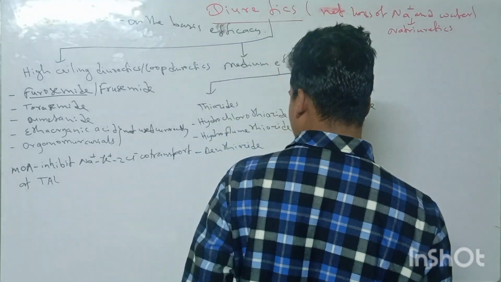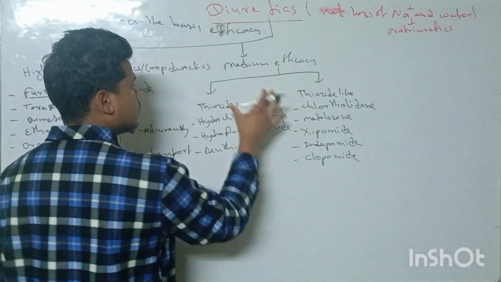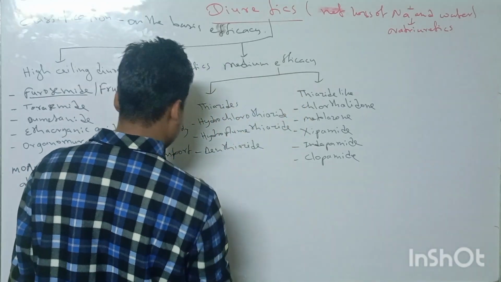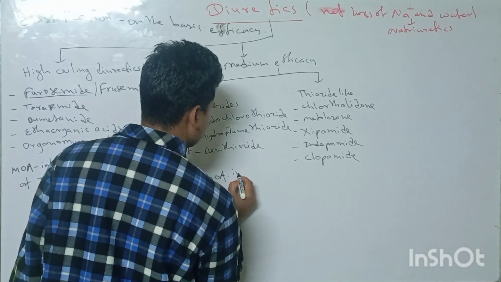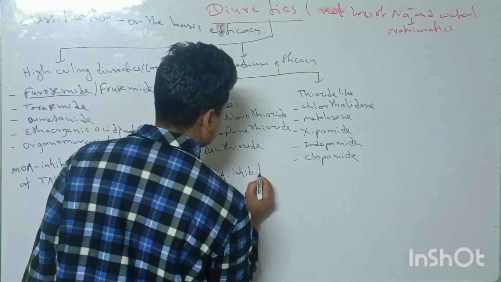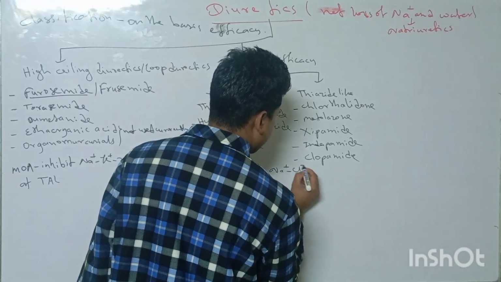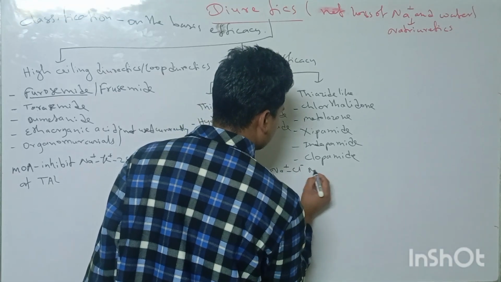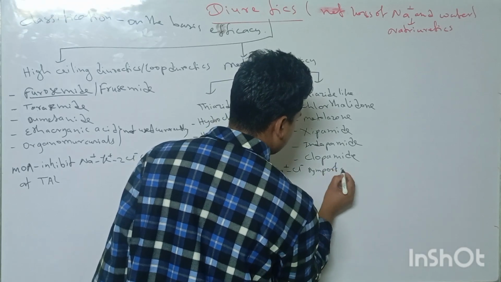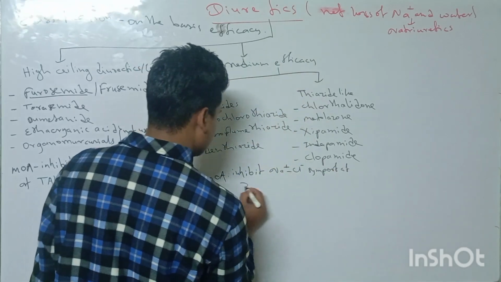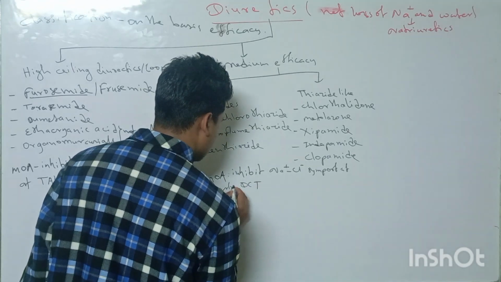And the mechanism of action of these medium efficacy drugs will be to inhibit the sodium chloride symporter, or cotransporter, at the early distal convoluted tubule, early DCT.